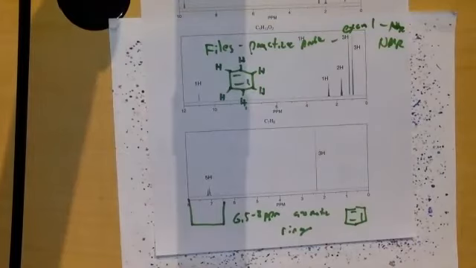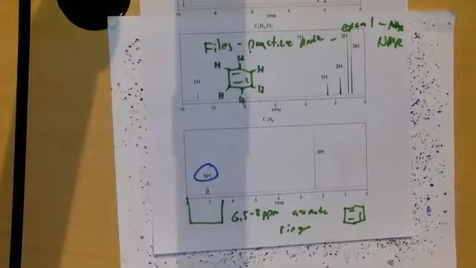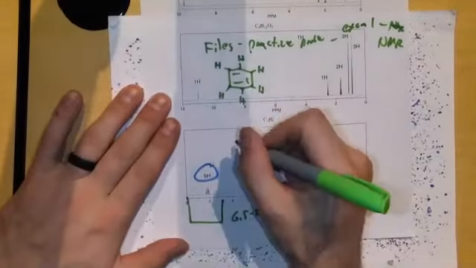So when we have something like this, where we have 5 H's, we're going to have 1 open spot.